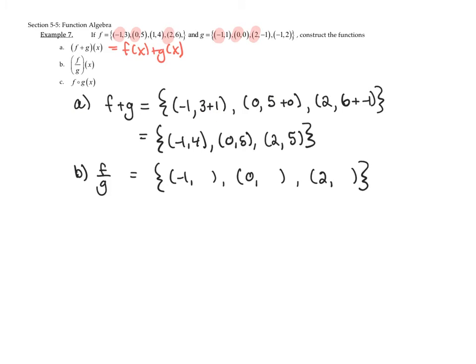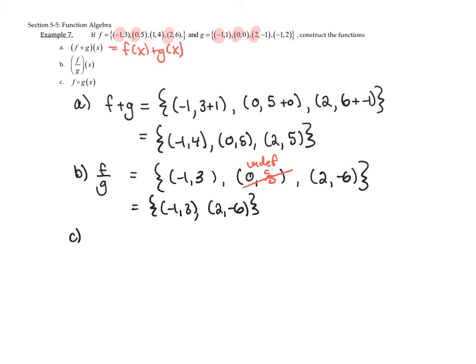So 3 divided by 1 is 3. And then, oops, up here, if we do 5 divided by 0 in this one, that's going to be undefined. So that one kind of drops out. And then we do 6 divided by -1, which is -6. So f divided by g only has 2 ordered pairs, -1, 3, and 2, -6.